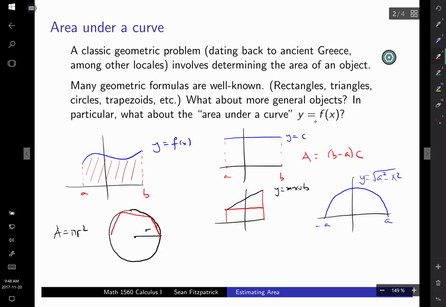He said, let's inscribe a polygon, like a hexagon or an octagon, inside the circle. The Greeks knew how to calculate the area of any sort of polygon, and you could work it out so that the area was given in terms of r.